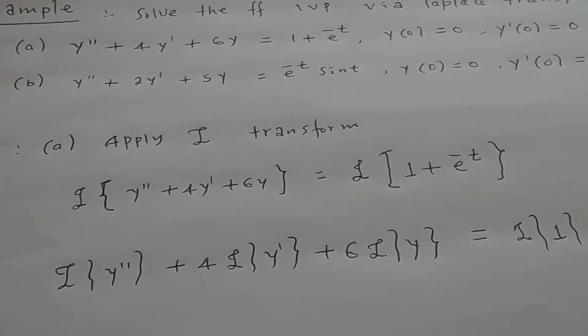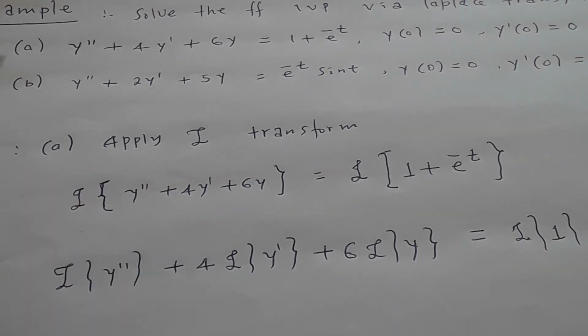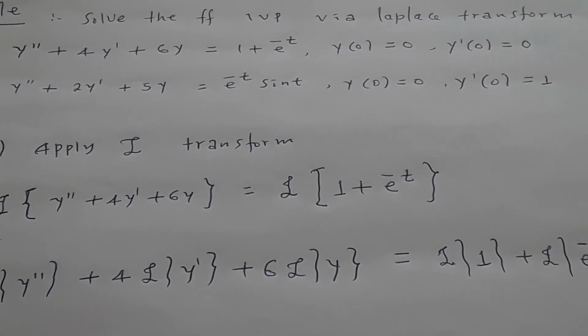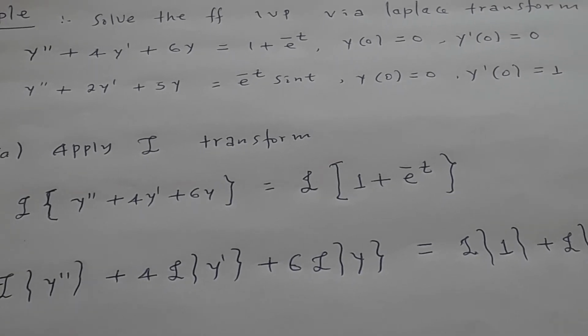Again, the second one is also non-homogeneous. Clearly, you have seen two methods of solving a non-homogeneous DE: the method of undetermined coefficients and the method of variation of parameters. The method of undetermined coefficients has a limitation.